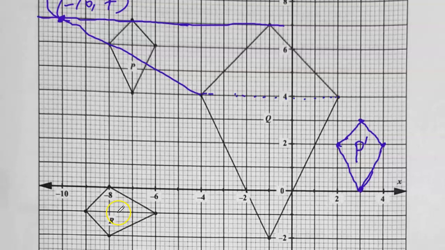So we need the angle of the rotation and the center of the rotation. The angle seems to be 90 degrees, because if you compare this corresponding point, it is turned anti-clockwise. This point is rotated almost like that.